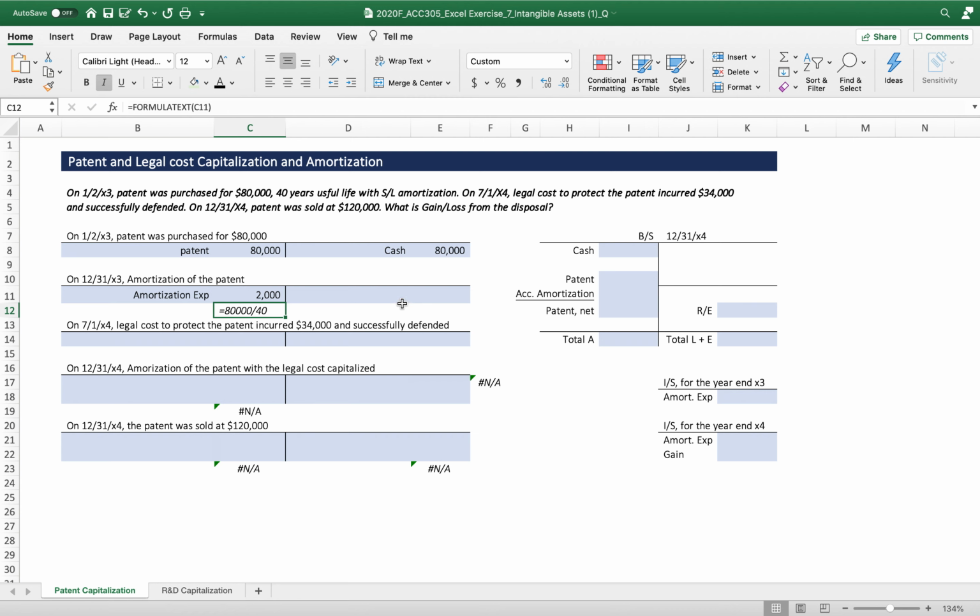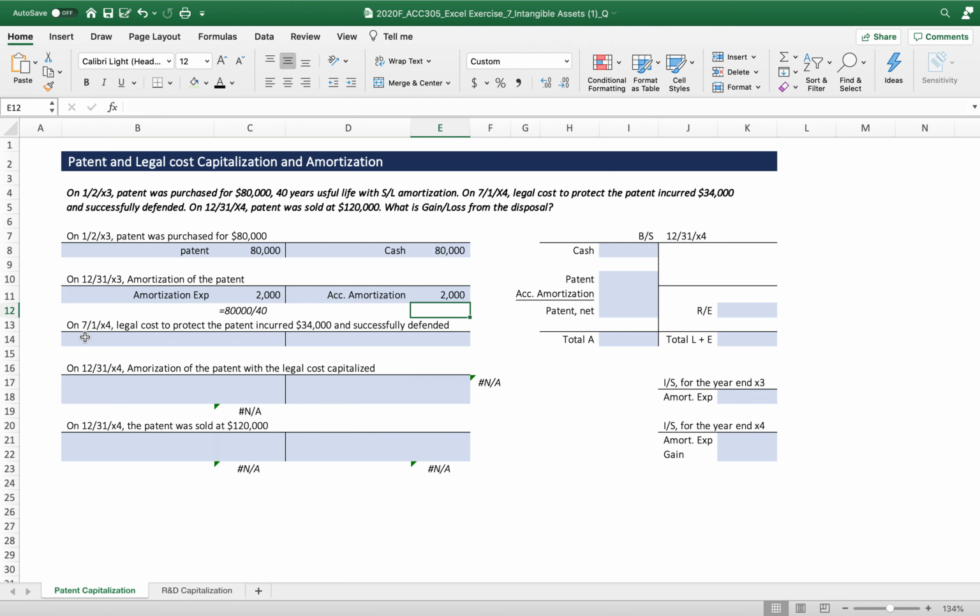So $2,000 is the amortization expense. On the balance sheet, we have to allocate the acquisition cost of this patent, which is accumulated amortization, the same amount as the amortization expense.